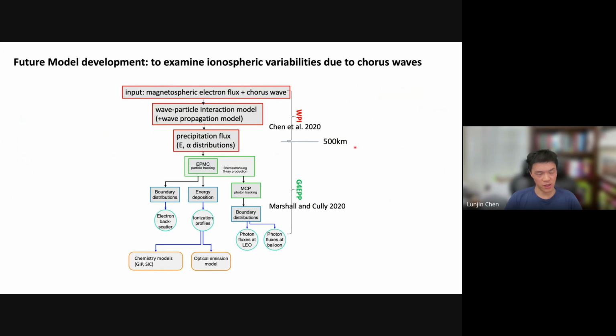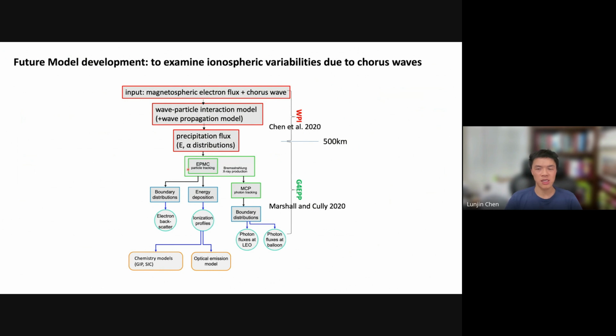If we have relativistic electron precipitation at 500 kilometers, then this electron has enough energy to produce X-ray photons, and X-ray photons can be a source of photoionization and produce more electron and ion pairs as they go downward.